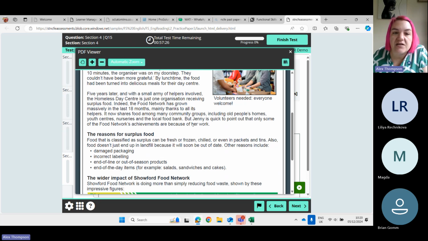Indeed, the Food Network has grown massively in the last 18 months, mainly thanks to its helpers. It now shares food among many community groups, including old people's homes, youth centres, nurseries, and the local food bank. But Jenny is quick to point out that only some of the Food Network's achievements are because of her work.